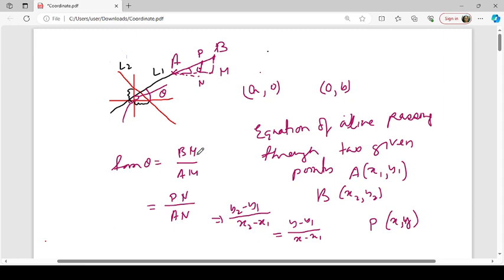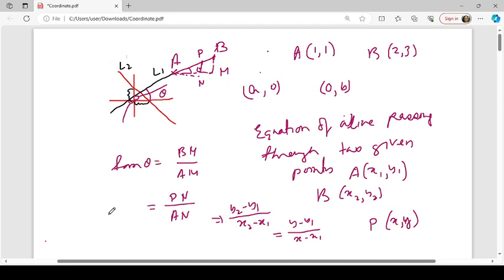Suppose, for example, A is 1, 1 and B is 2, 3. So we write x1, y1 as 1, 1 and x2, y2 as 2, 3.